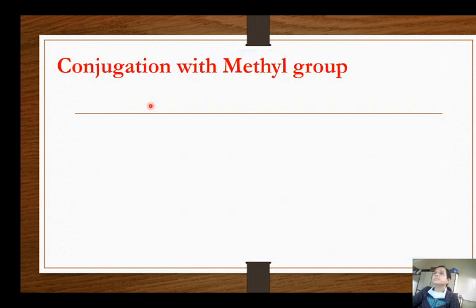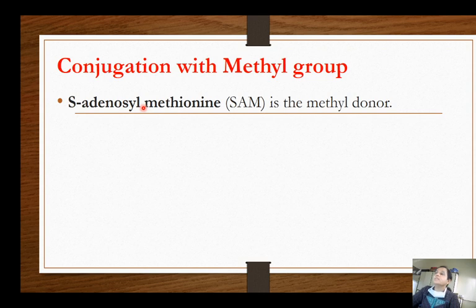Conjugation with methyl groups. The methyl group cannot directly enter into a conjugation reaction. It has to get converted to its active form, that is S-adenosyl methionine.